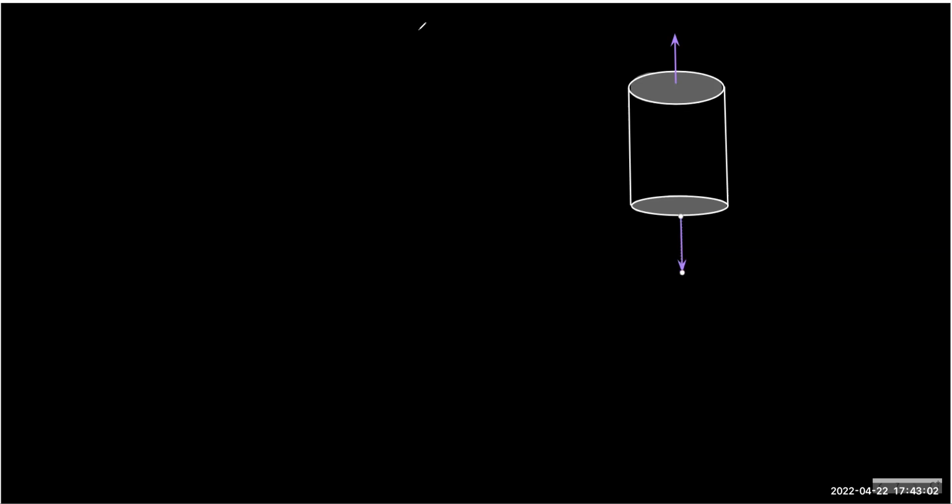Yes, sir. So we may have a unique area vector for the top and the bottom, the reason being they are flat or plane surfaces.